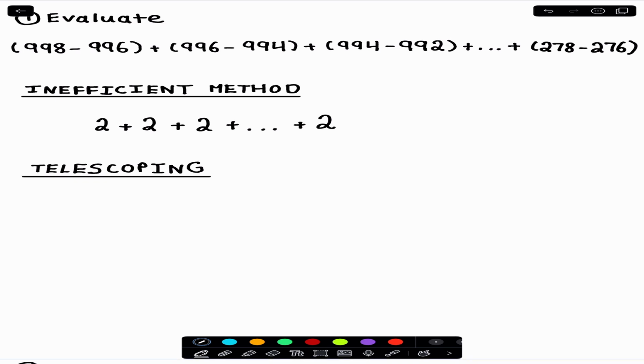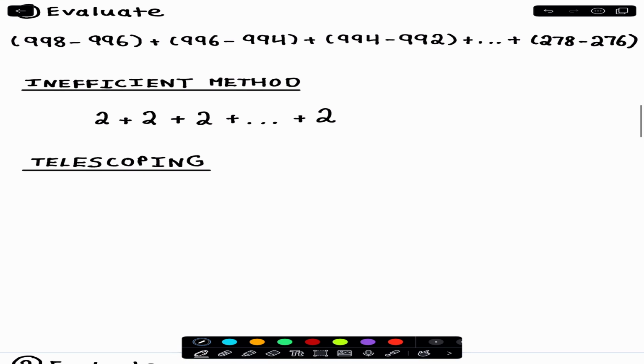So the whole point of telescoping is that we can rearrange terms in a way that will help us. So what do I mean by that? Let's take this 998 term and let's just leave it alone for now, okay? Now what we're going to do is this time we're going to put the brackets, okay?